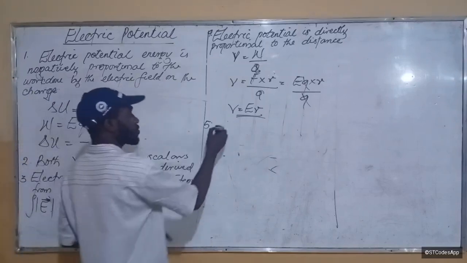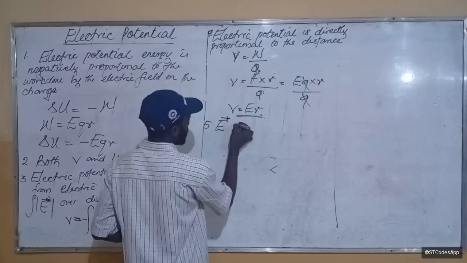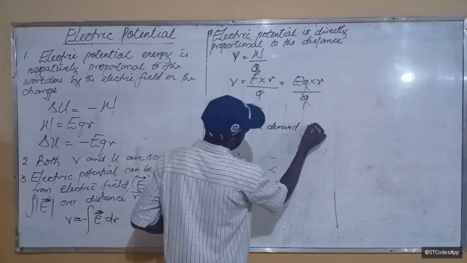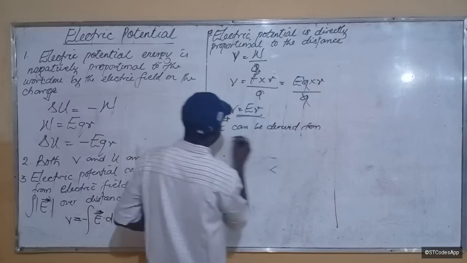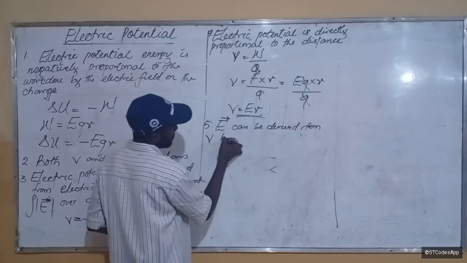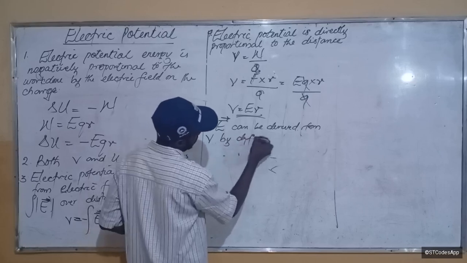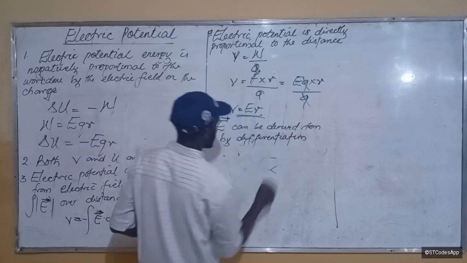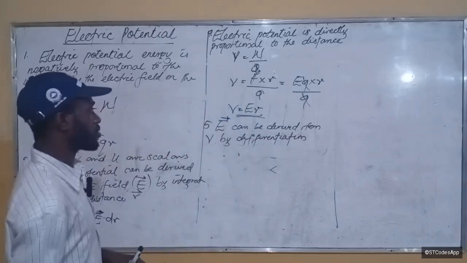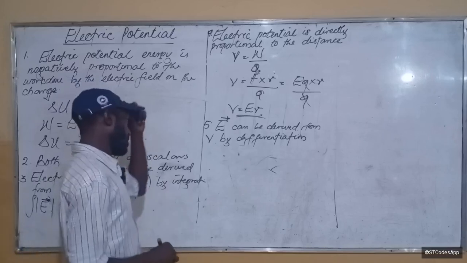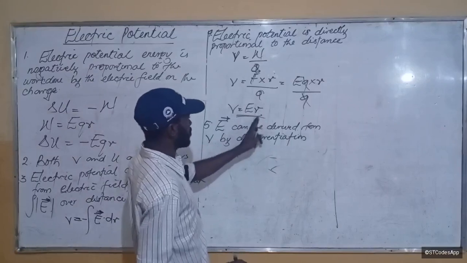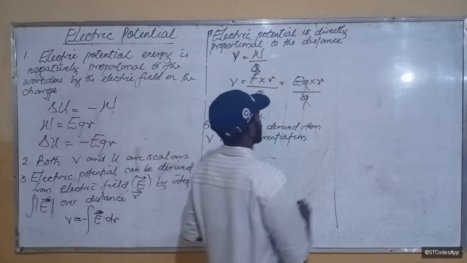Then it means that electric field can be derived from electric potential by differentiation. Exactly. It can be derived from this by differentiation. By the time you bring more equations, we do this further. There's something that came to my mind now.